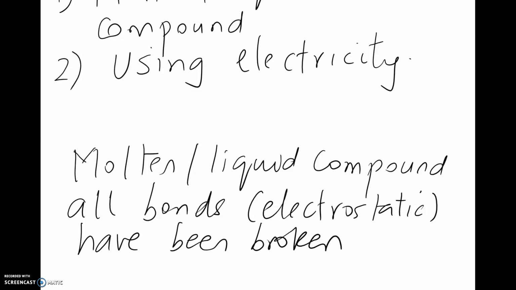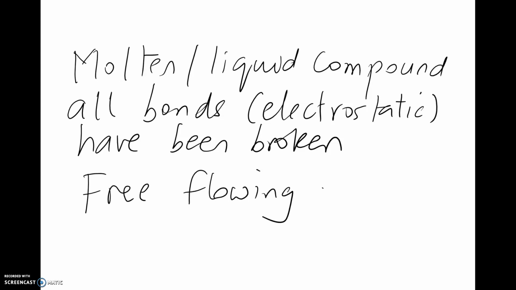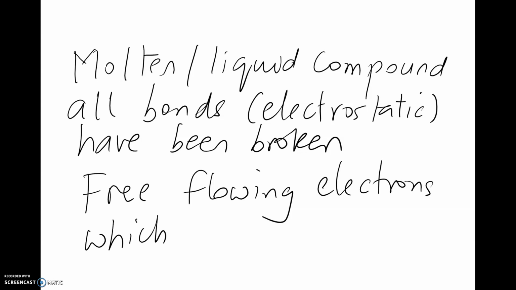And like I said, molten means melted. So when the bonds break, it creates free-flowing electrons or ions, which allows it to carry electricity.